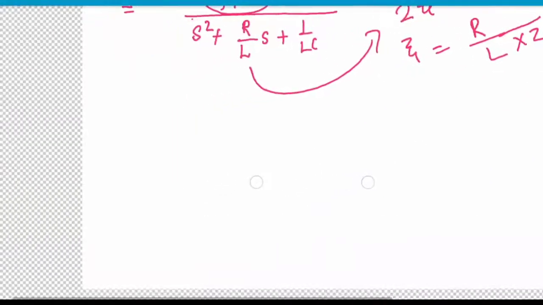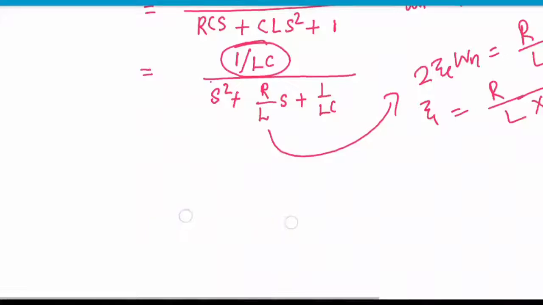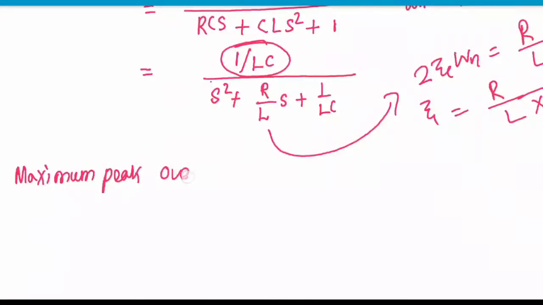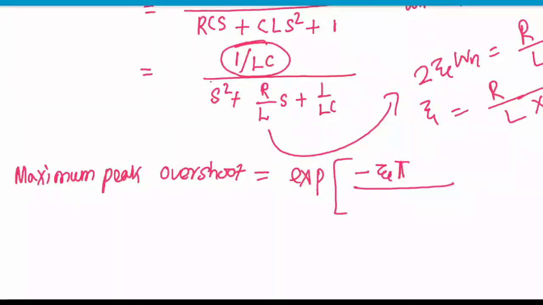So now we will find out the overshoot in percentage. What is the overshoot in percentage? Maximum peak overshoot will be equal to exponential of minus zeta pi by root over 1 minus zeta square into 100. This is percentage.